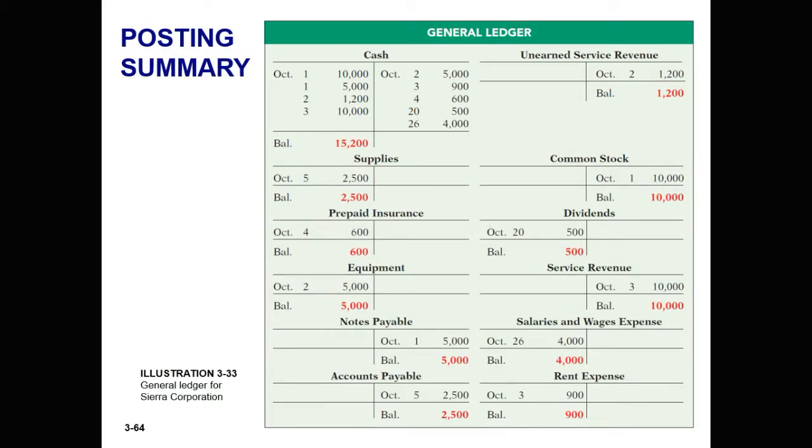Now here we have a T account illustration of all the accounts in the general ledger. Cash, supplies, prepaid insurance, equipment, notes payable, accounts payable, unearned service revenue, common stock, dividends, service revenue, salaries and wages expenses, and rent expense.